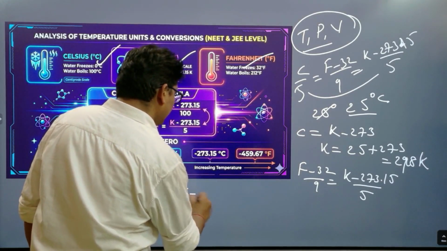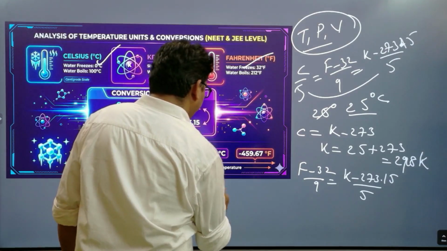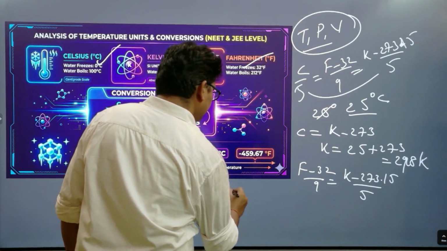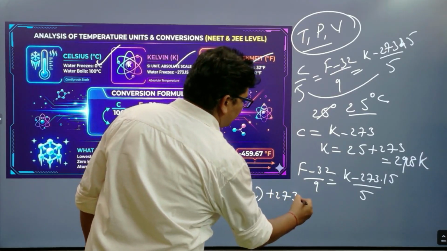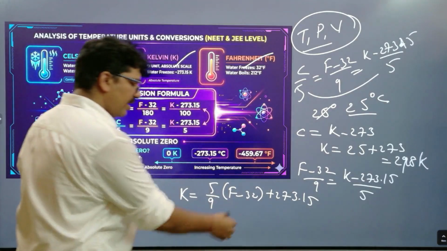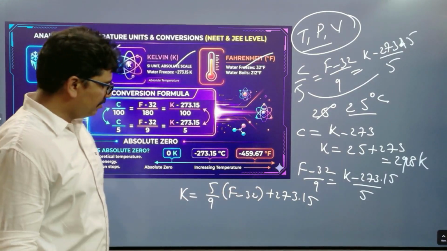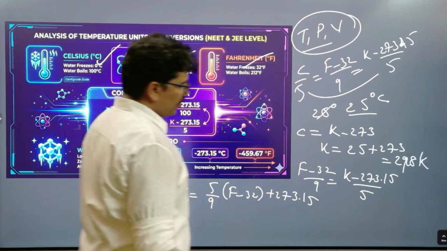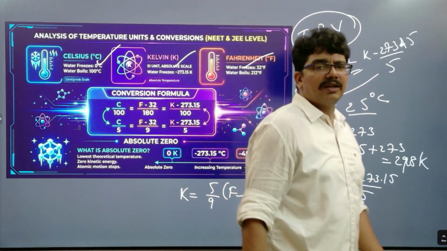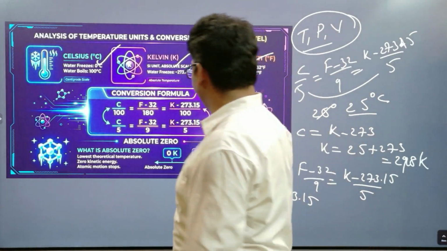K is equal to 5 by 9 into F minus 32 plus 273.15. If Fahrenheit 100 is given, 5 by 9 into 100 minus 32 plus 273.15. This is how we are converting Fahrenheit into Kelvin scale and degree Celsius into kelvins.